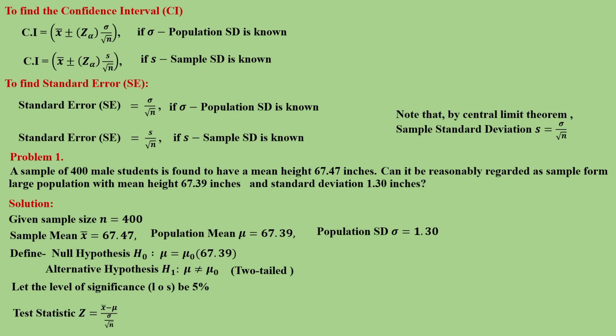For the test statistic, because sigma is given, I am writing the first formula: z equals x bar minus mu by sigma by root n. Substituting the values, 67.47 minus 67.39 by 1.3 by root of 400, you will get 1.2308. This is the calculated value of z.